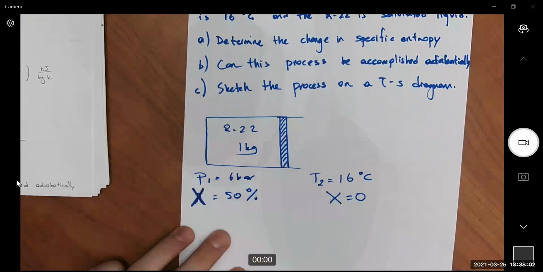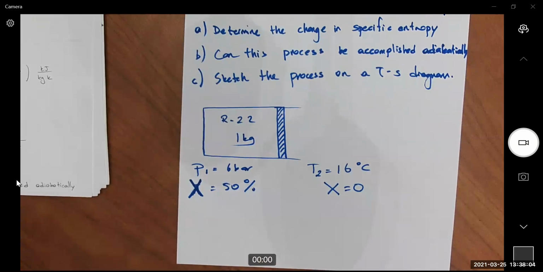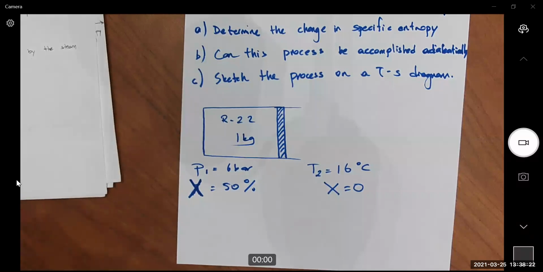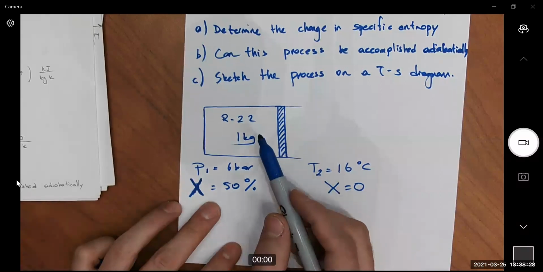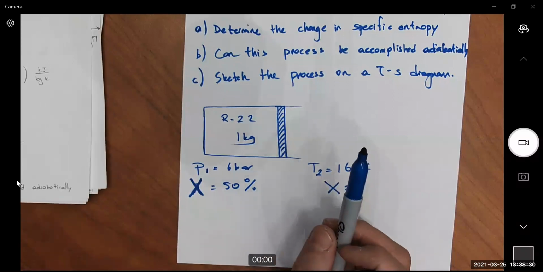Pressure 6 bar, yes. How do you know it's 1 kilogram? Oh, a second, let me check. Good question. I don't. Or I'm missing the statement.